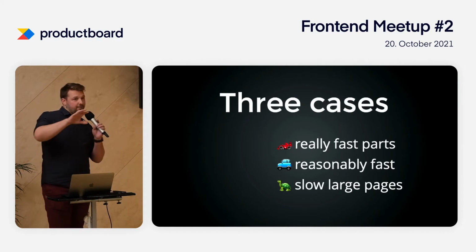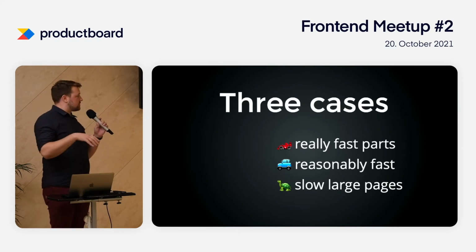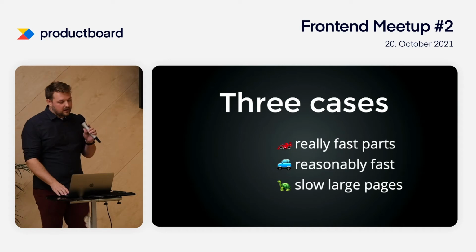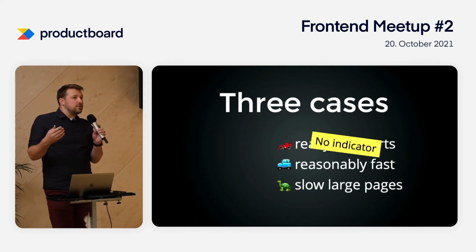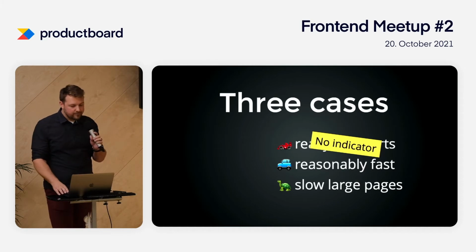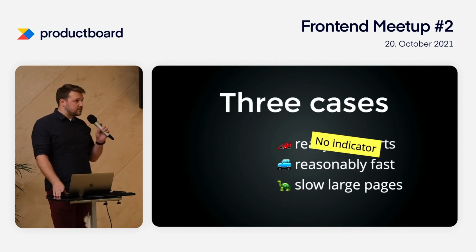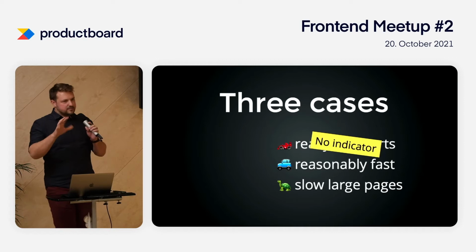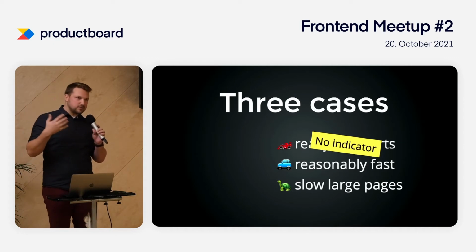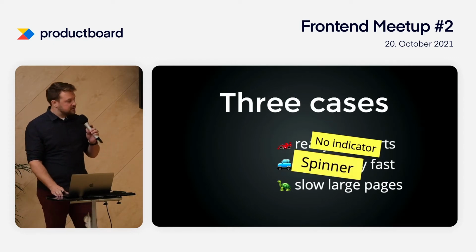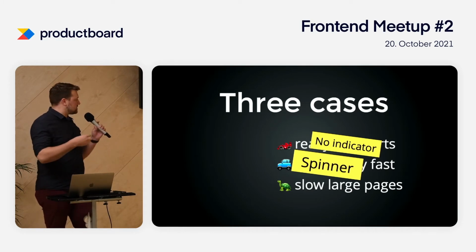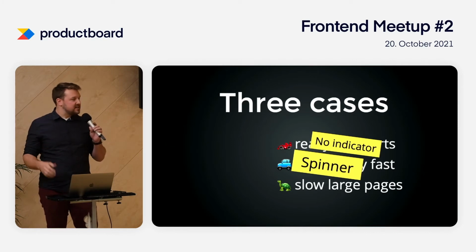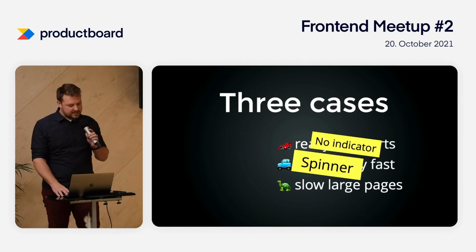There were some parts of the application which loaded really fast. Those ones were great, or we decided not to use an indicator at all. Then there were some parts which loaded reasonably fast, but they would deserve some kind of loading. So there we wanted to show a spinner. And obviously there were large pages which loaded in several seconds. So there we wanted to show skeletons.